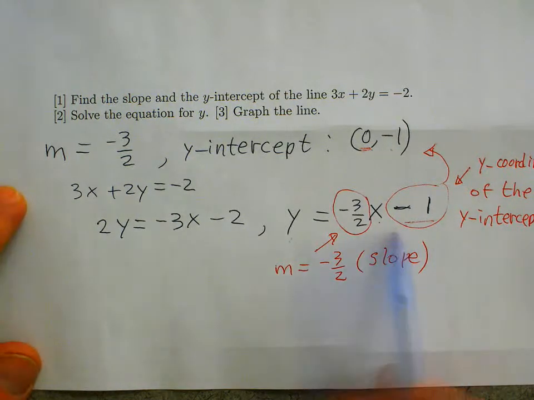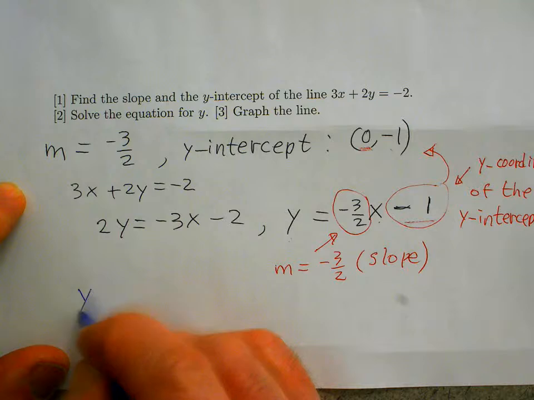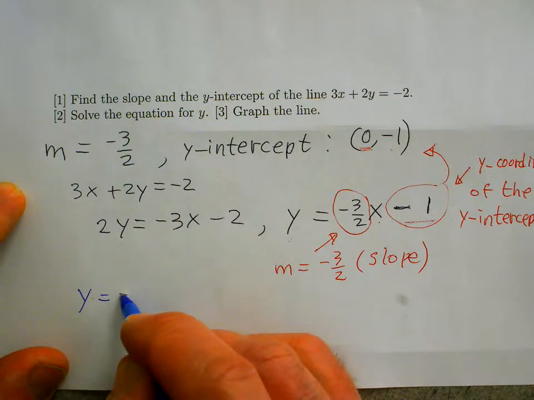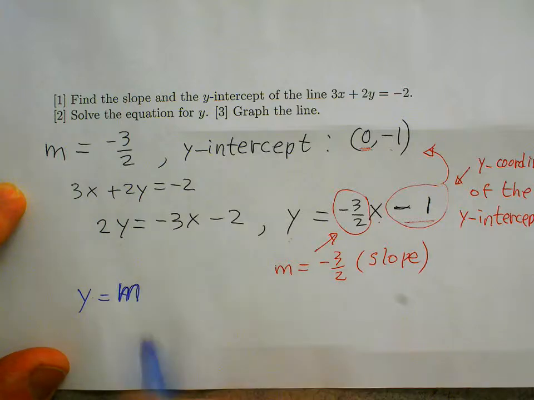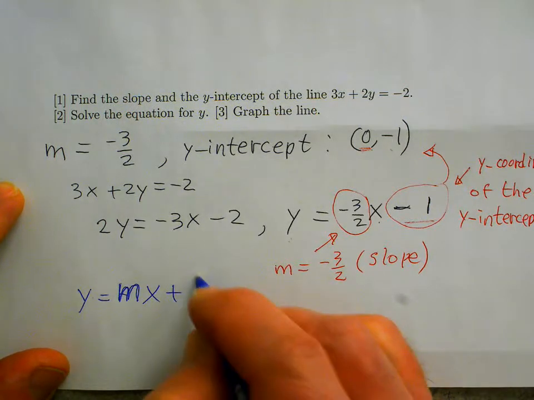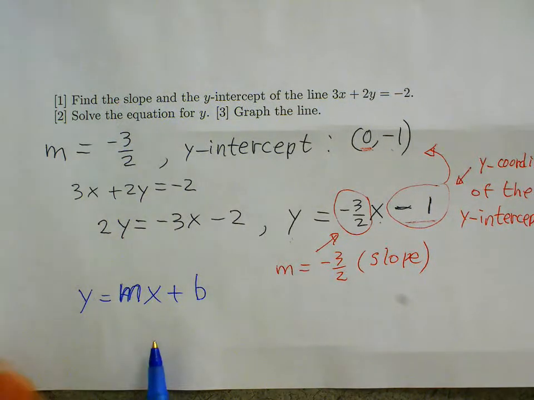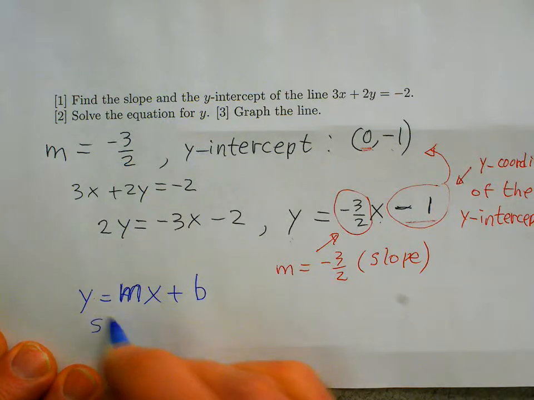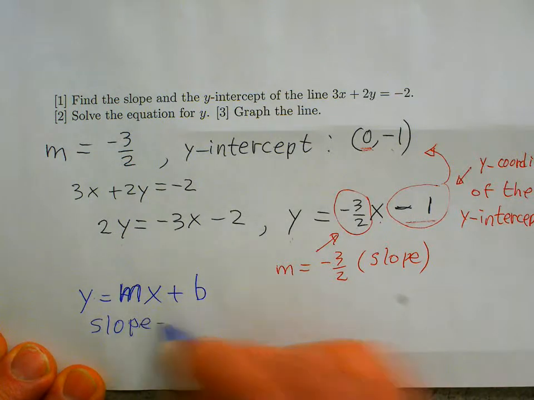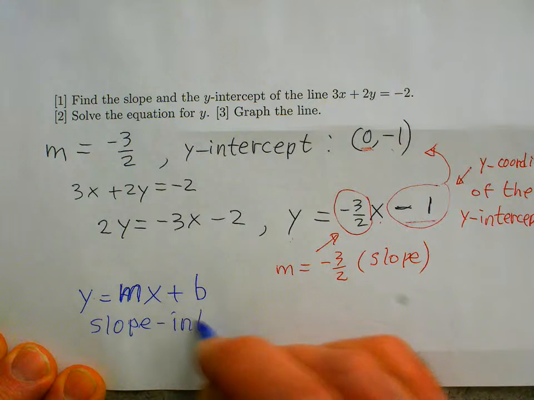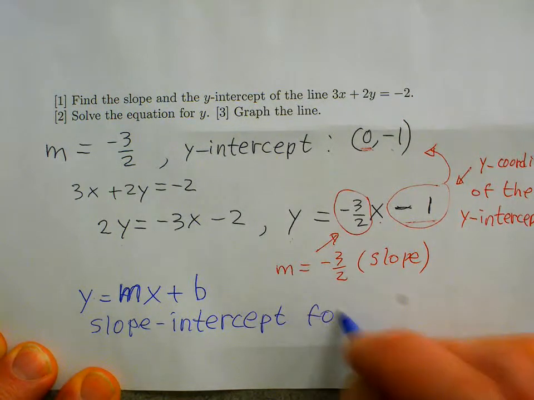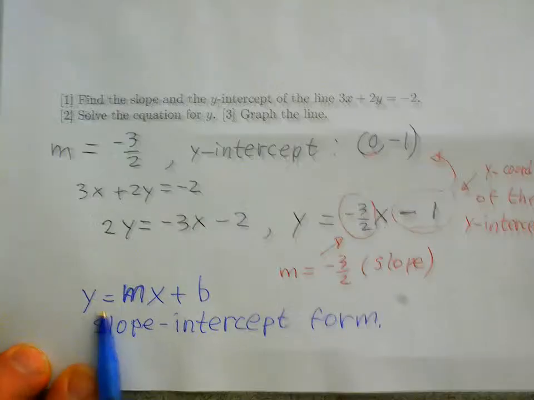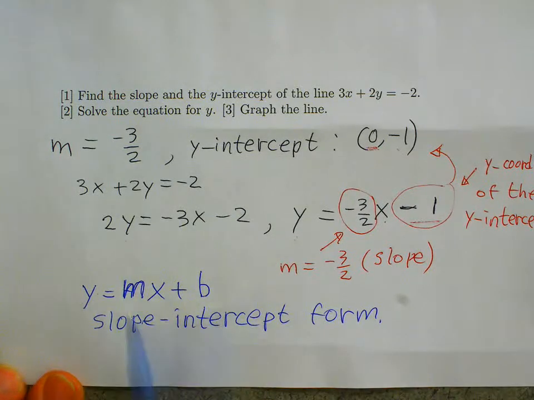Okay, so this equation, y equals the slope m times x plus a number b, this is called the slope-intercept form. Because if you have y equals mx plus b, the coefficient of x is the slope.